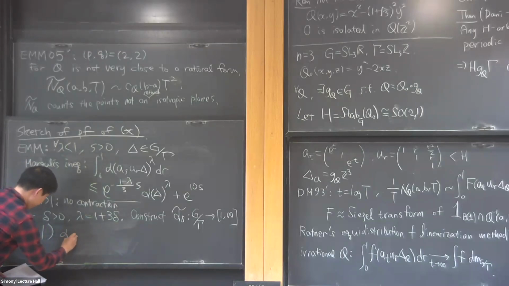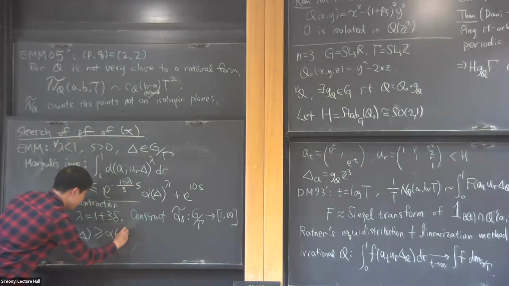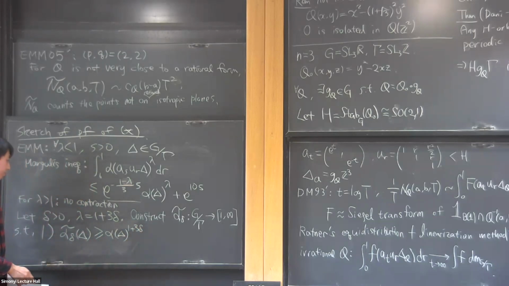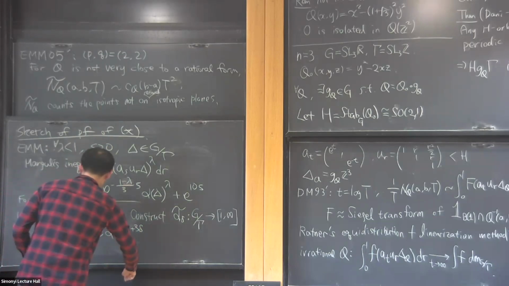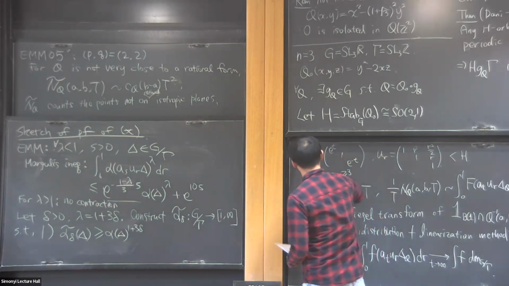First, this modified function measures alpha to the 1 plus 3 delta. And second, it satisfies a modified version of the Margulis inequality.